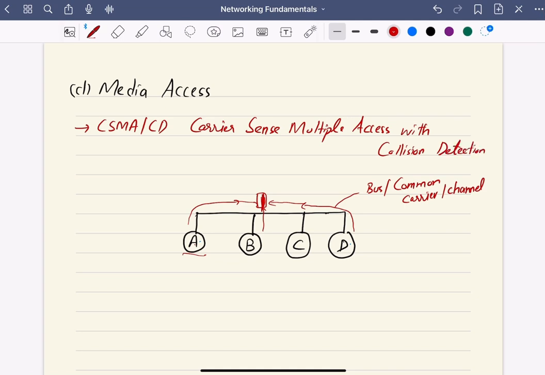So what is this particular method? If any workstation wants to send the data, first of all, they need to sense the channel. They need to see whether the channel is freely available or not. They cannot straight away send the data.